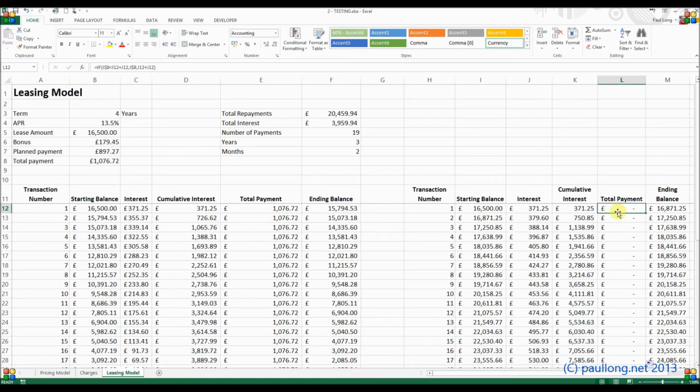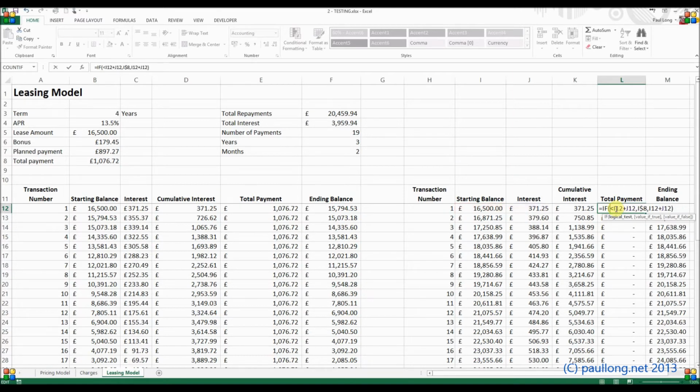Now if we have a look at our total payment function, we can see that it's trying to compare I8 for the value of the total payment. Whereas what it should be doing is using B8, but of course we didn't put a dollar in front of the I8, and the reason for that is because we've actually got to change quite a lot here.